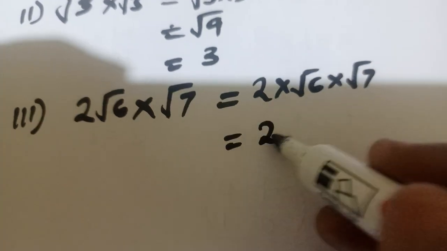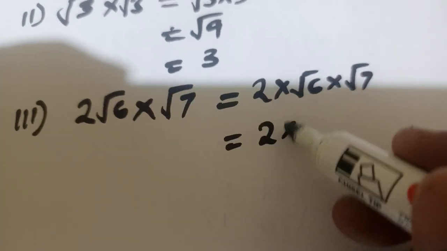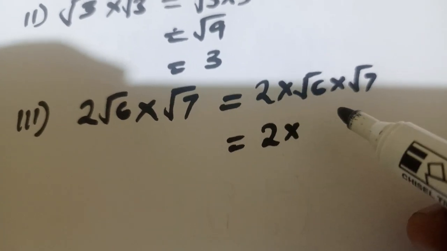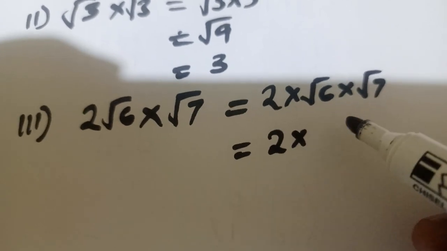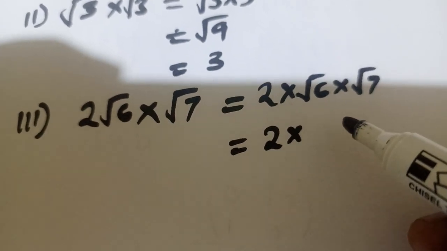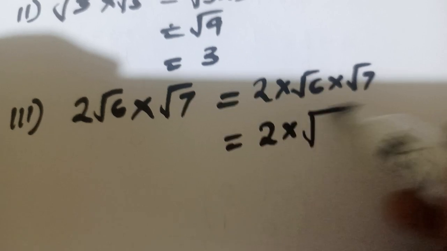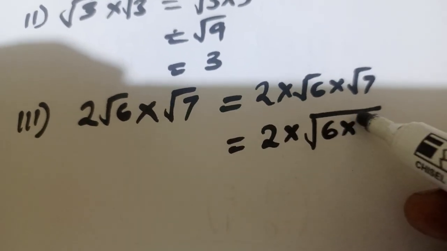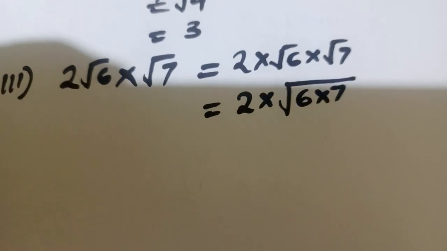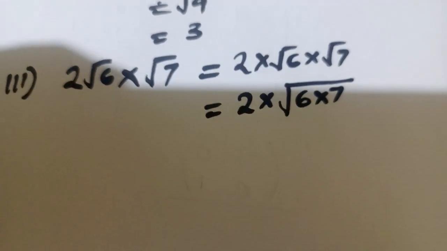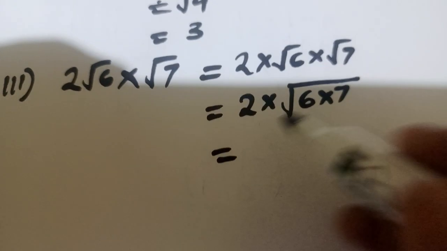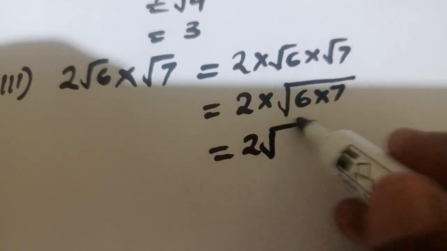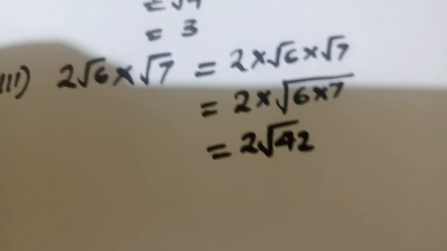And that's what we've just said a few minutes ago, that when you have surds like this, provided they're of the same order, just write the radical, and under the root sign, you multiply those numbers that are under the root sign. In this case, 6 and 7, and our answer reduces to 2 root 42.